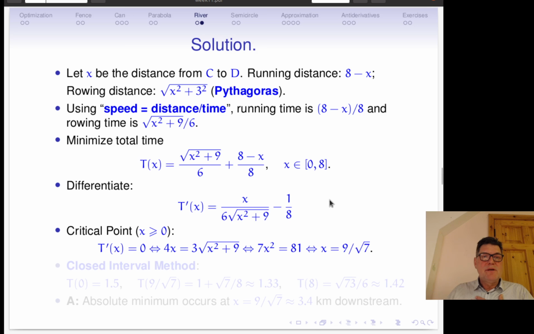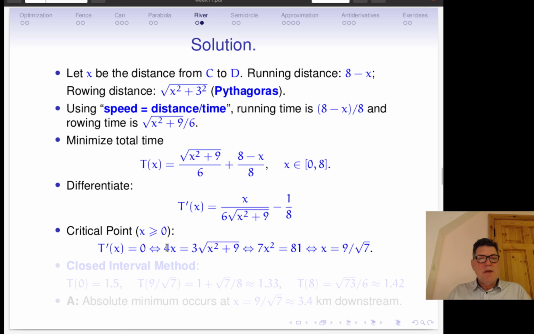To find the critical point, keeping in mind that x is a positive number, we set this to 0, so we set this quotient equal to 1/8, or bringing things across and simplifying, dividing by 2, we get 4x equal to 3 times the square root of x squared plus 9.